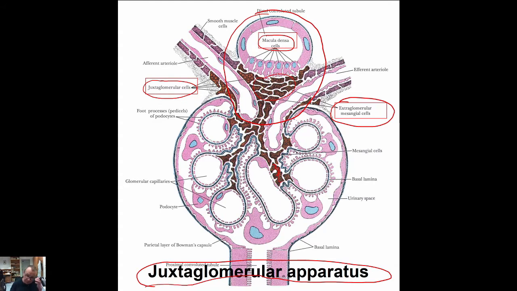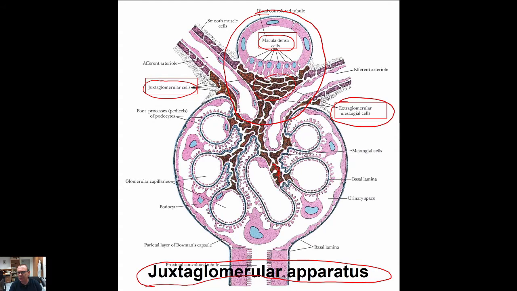Why do we need the juxtaglomerular apparatus? It is very important for the function of the kidney, because the cells of macula densa have special chemoreceptors in their apical plasma membrane, and they can detect the amount of ions, mostly sodium ions, in the urine situated here in the distal tubule.